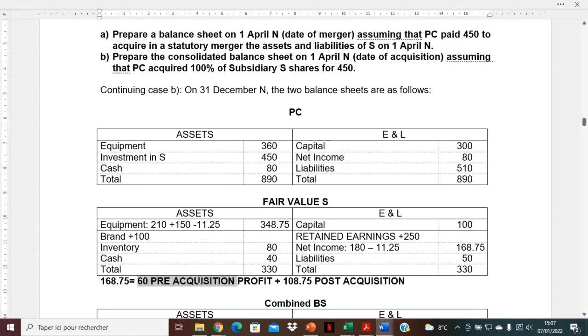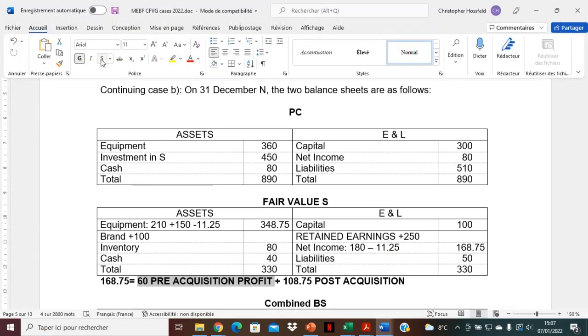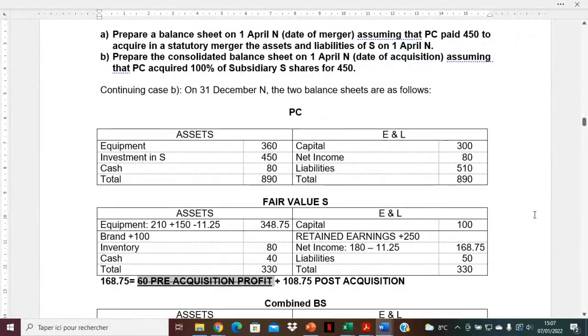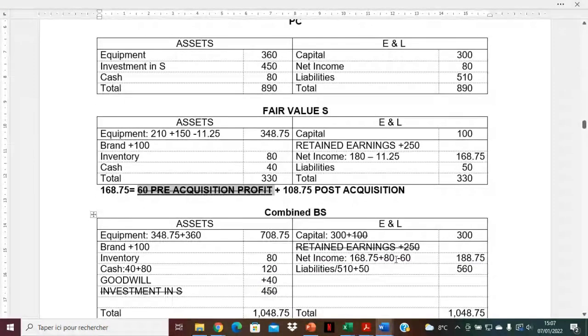I always need to eliminate the pre-acquisition profit. I need to take this out, and I need to take this out every year. And that's why I put minus 60 in the net income.